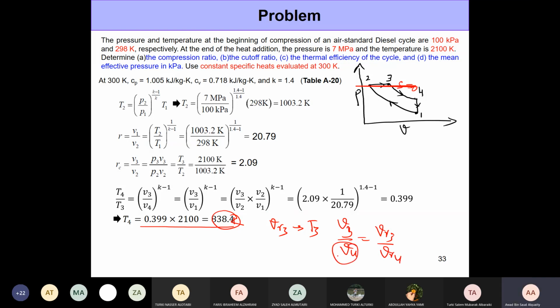And V4 is anyway V1, so I could calculate this value. V3 is something I can calculate again simply from RT3 by P3. And from here, how about I determine VR4 and then go to the table to determine T4? Do you think this method of using VR3 and VR4 to determine T4 is also a good method? Could this be an alternate method or will this not work here?